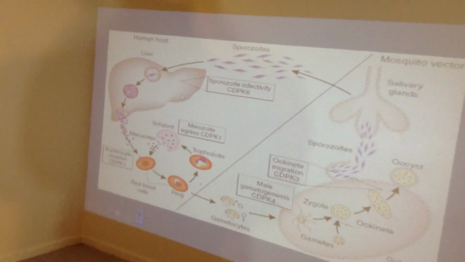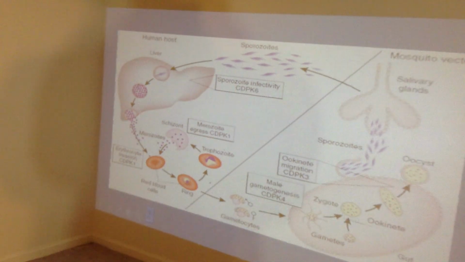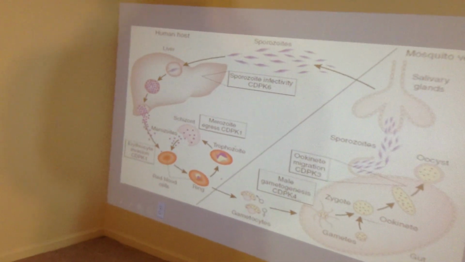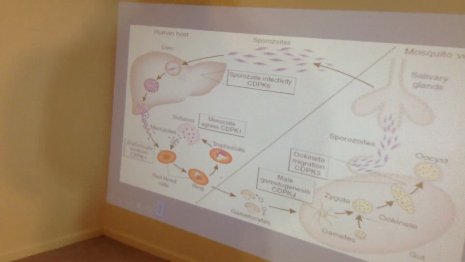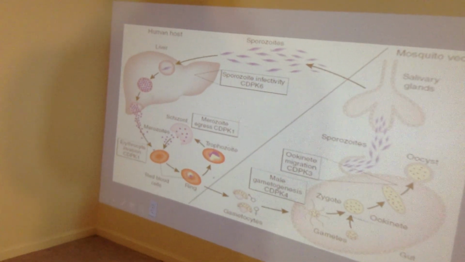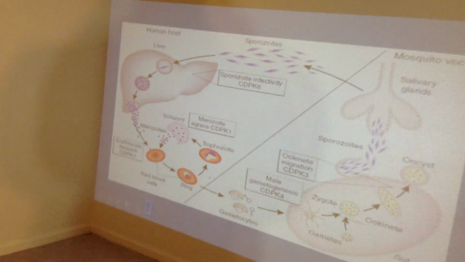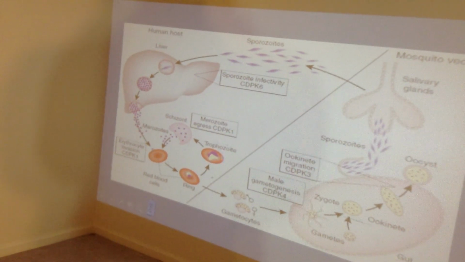Within 5 to 10 minutes, these sporozoites gain their entrance into the liver with the help of the blood circulation. In the liver, they mature, producing merozoites. When these merozoites rupture, three things happen.